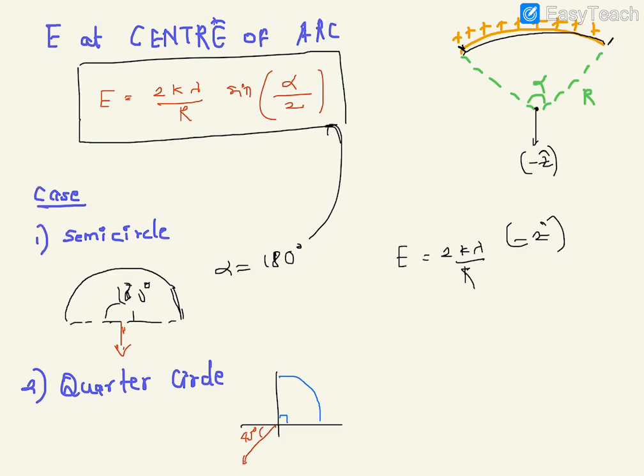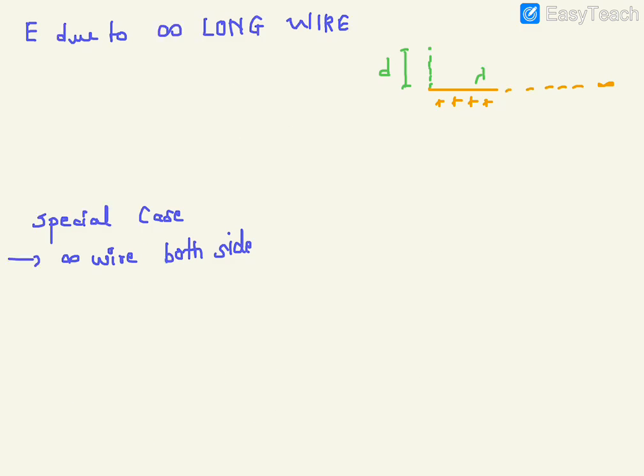I will put the value of alpha equals 90 degree in the formula, and I get my E as root 2k lambda by r. That's my electric field, and I can then divide it into components along minus z cap and minus x or y cap, whatever is the Cartesian or space that the wire is lying in.